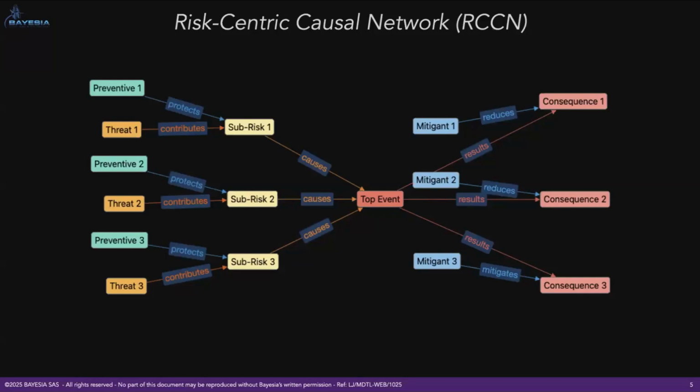This leads to what we call a sub-risk. These sub-risks have an impact on the top event, the main risk, and can trigger it. Once we have the main risk, we have consequences that can also be mitigated by mitigating barriers, right? So we have different types of nodes, different layers, in this causal network.